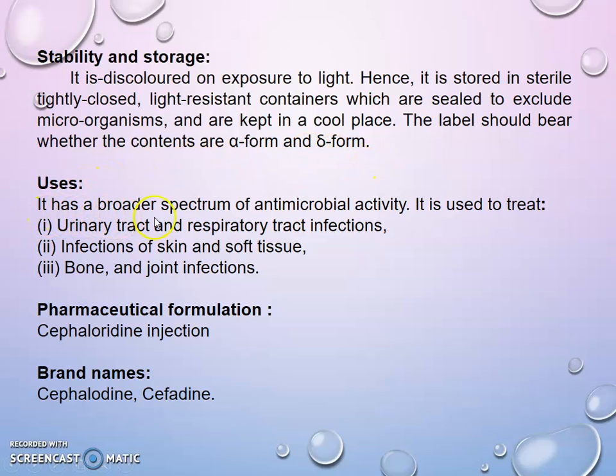Uses: it has a broader spectrum of antimicrobial activity. Therefore, it is used to treat urinary tract and respiratory tract infection, infection of skin and soft tissue, bone and joint infection. Pharmaceutical formulation. It is available in the form of cephaloridin injection, and the brand names are Ceporan and Cefadin.